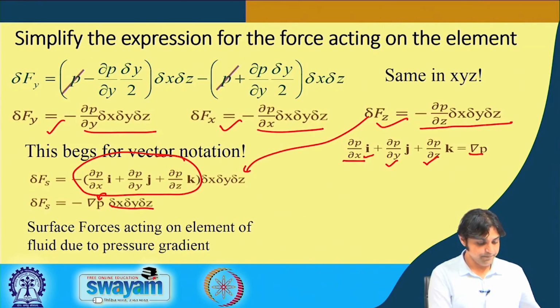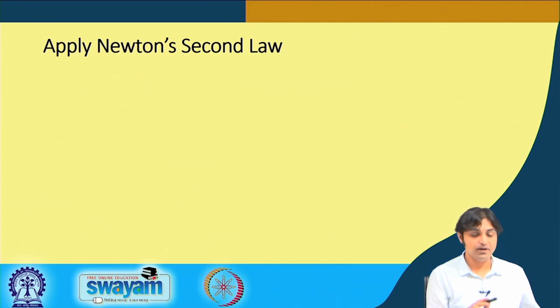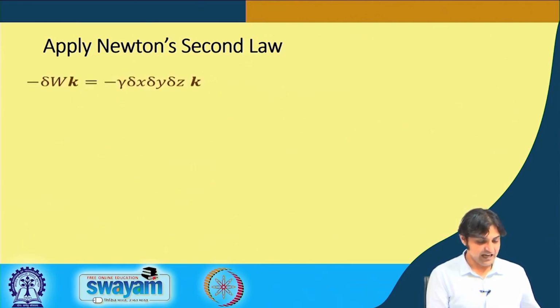So what happens? Now we have to apply Newton's second law. In z direction, if you see, there is weight acting, which is balanced in the k direction. Weight can be written as gamma, where gamma is rho g, times the volume. So weight is mass into gravity, and mass can be written as volume into rho.